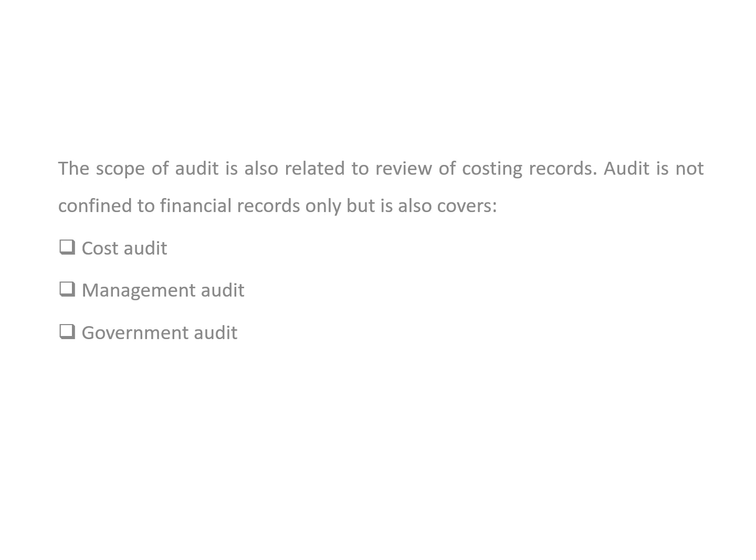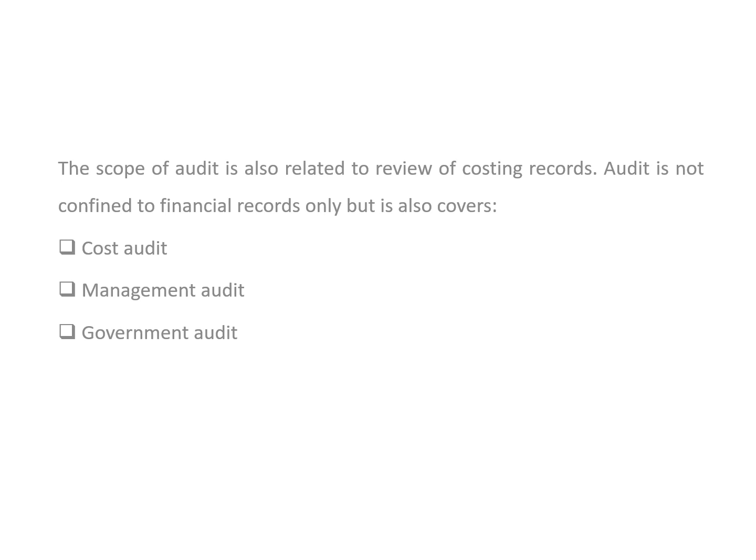The scope of audit is also related to review of costing records. In costing, there are three important aspects: cost, costing, and cost accounting. Audit is not confined to financial records only, but it also covers cost audit.